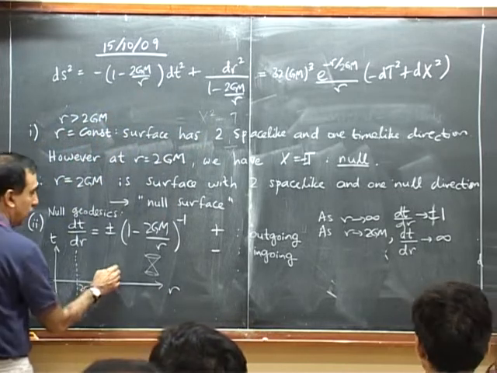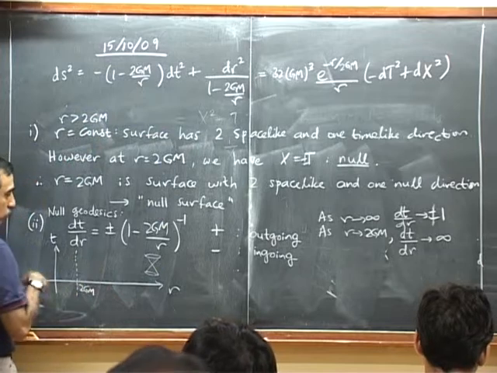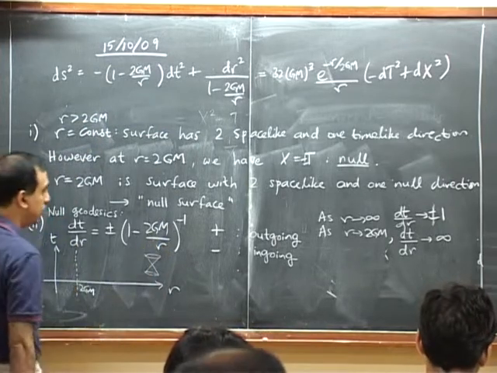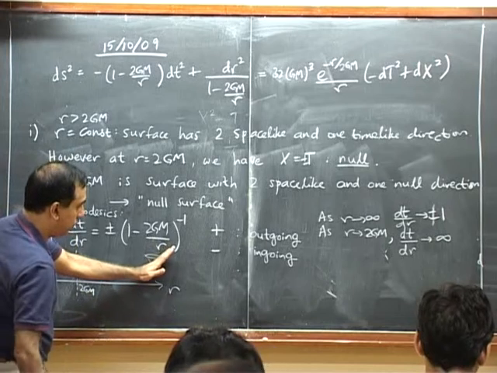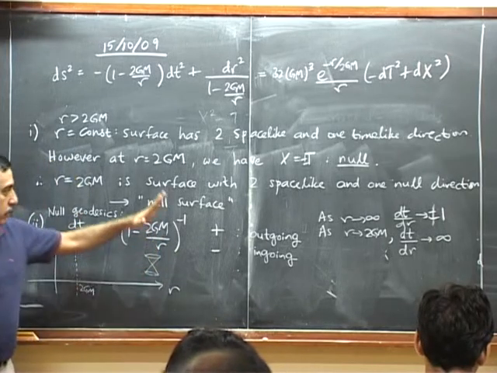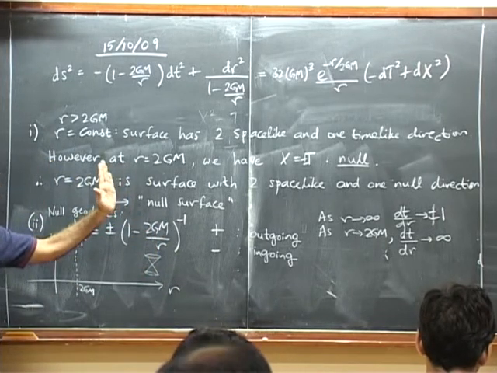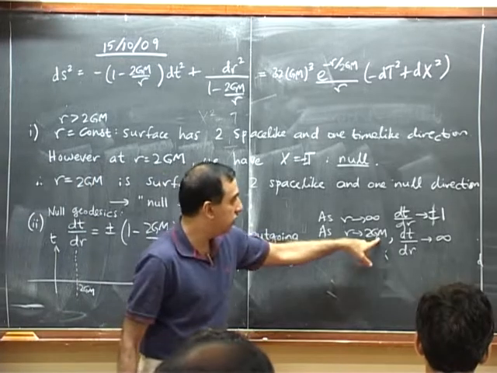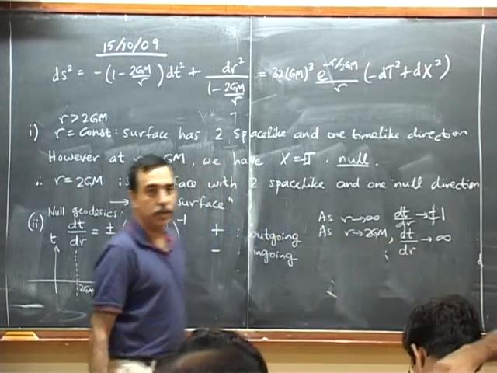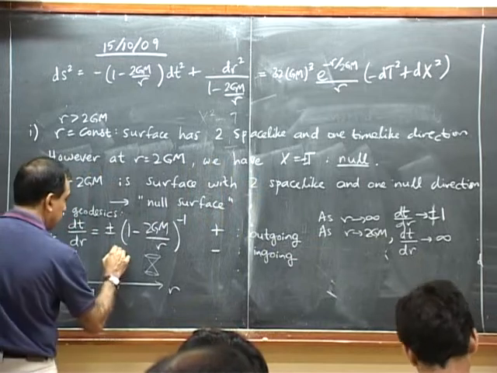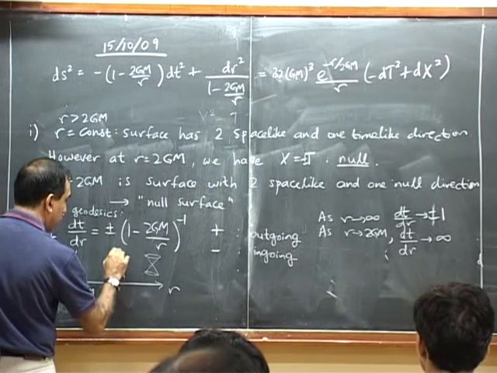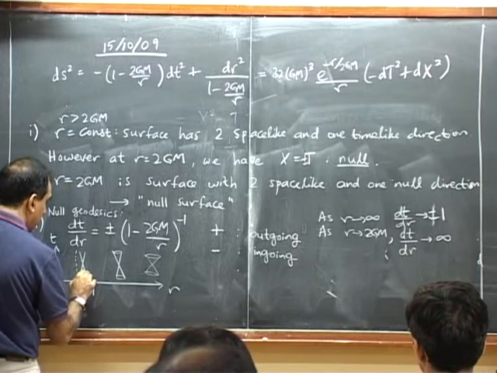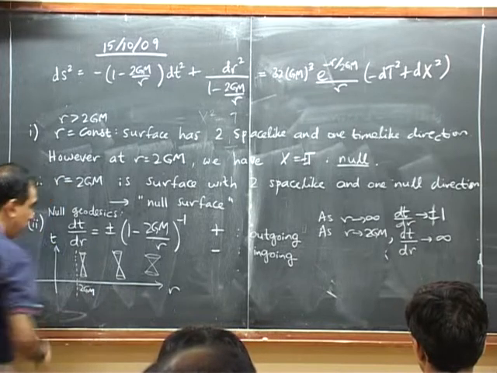Now let's ask what the light cone looks like as we come closer to 2GM. What this relation tells us is that dt by dr keeps increasing, which means that these lines which are 45 degrees start to bend until they start to approach 90 degrees. And they'll approach 90 degrees when r reaches 2GM, because then the slope is infinite, which means that they are 90 degrees. So the light cone is like this here, and very close to this, the light cone has become like this.